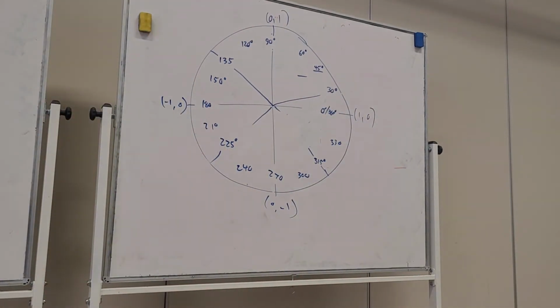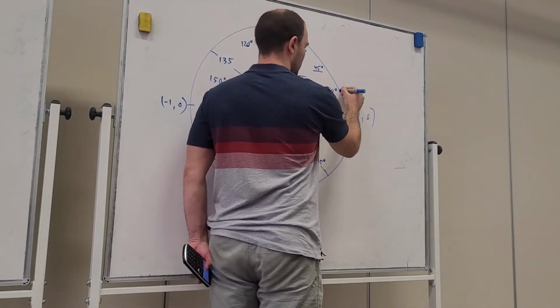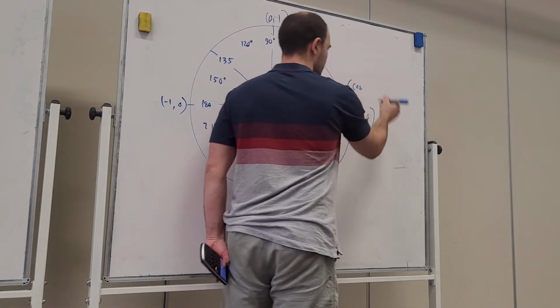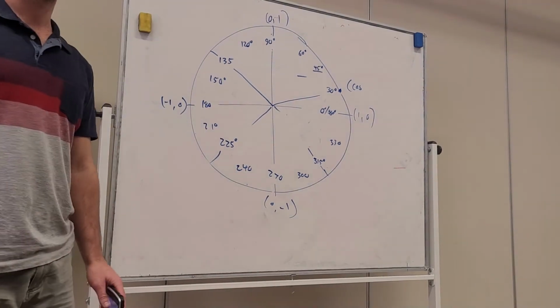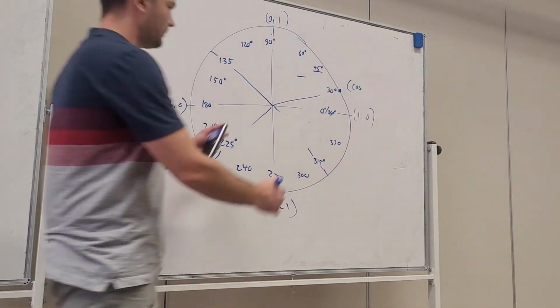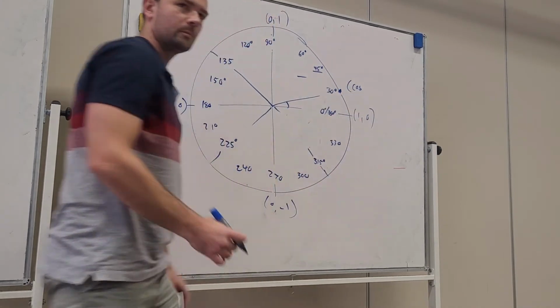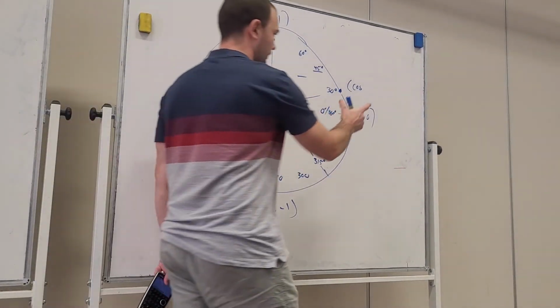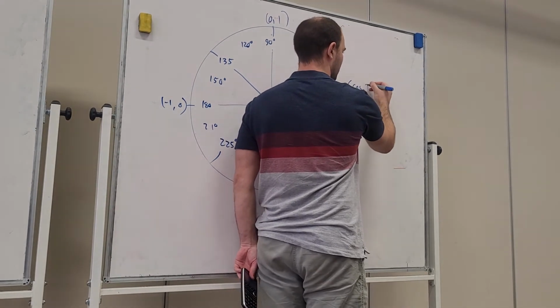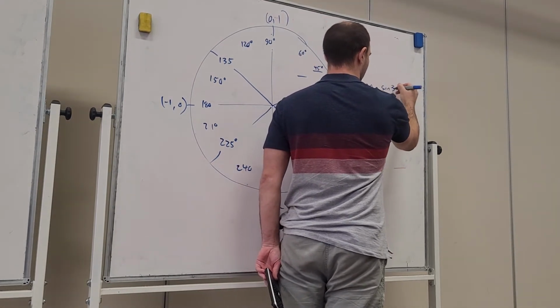Now remember I said for any point along the outside of this circle, the coordinates are cos theta, sine theta. If this angle here is 30 degrees, that's what that line's telling us, which means the coordinates of this point are going to be cos 30 and sine 30.